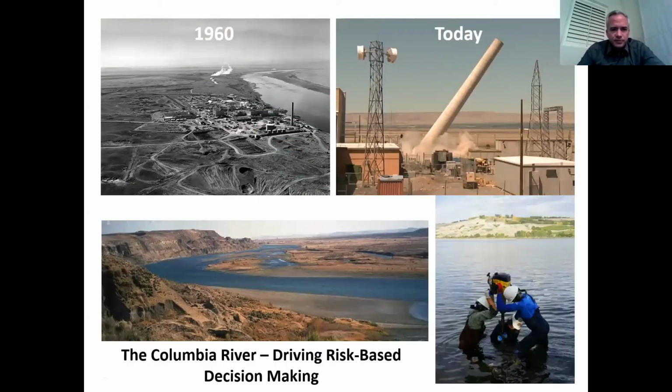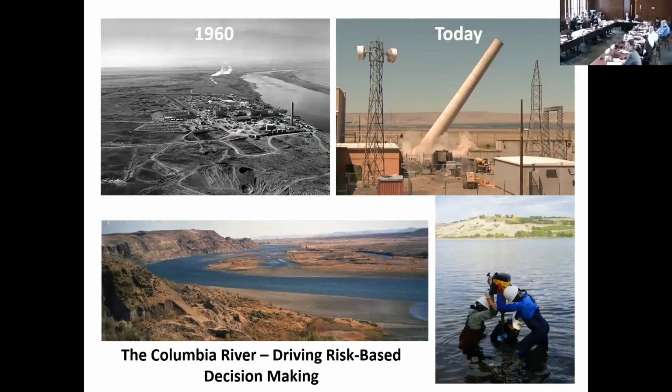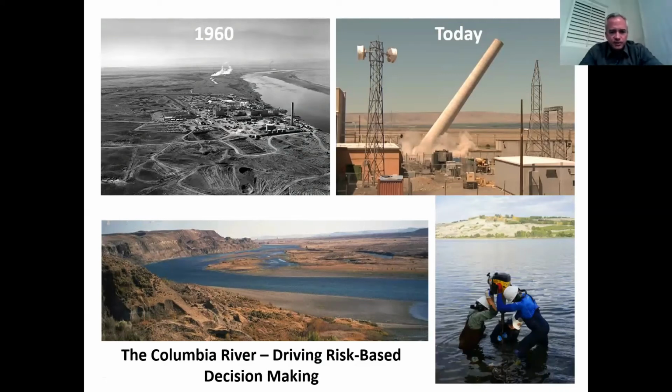This is to give you a feel of kind of the then and now of the Hanford site. By and large, all the activities on the Hanford site are decommissioning, deconstruction, brownfielding, and waste plume management. The Columbia River there, shown in the lower left, is the major driver for remediation decisions.